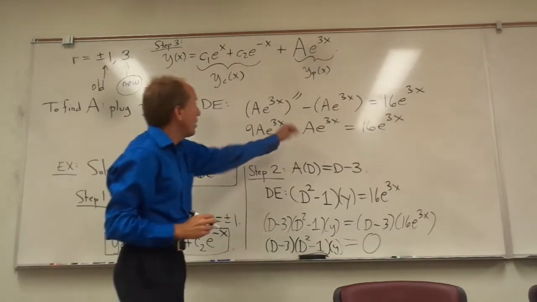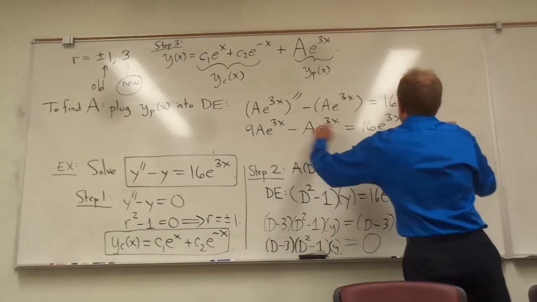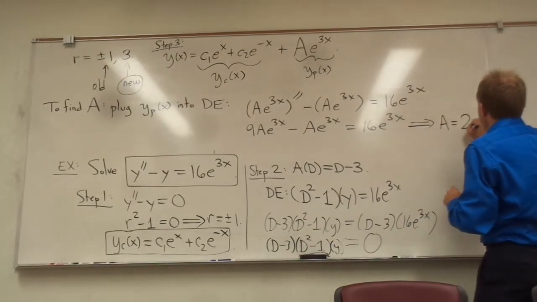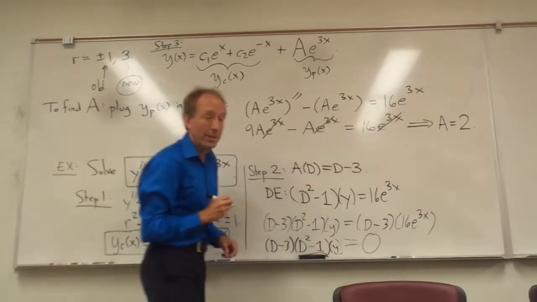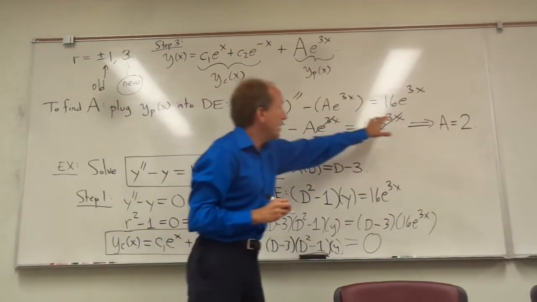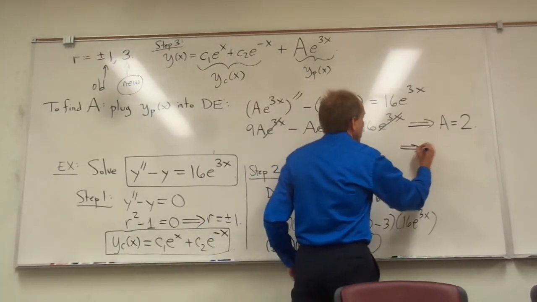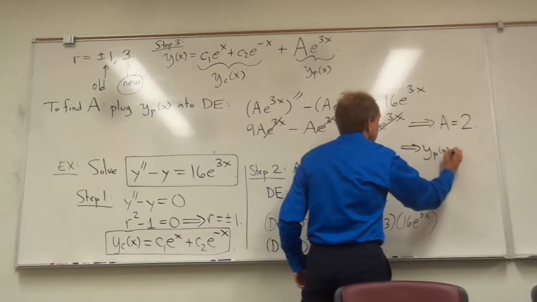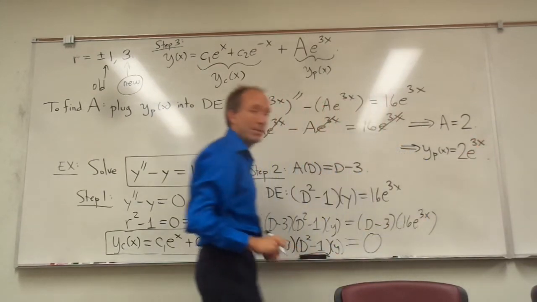And you can pretty quickly now figure out that A is equal to 2. That's because you have 8 A's on the left side. The e to the 3x's can actually be canceled, and you just get 8A equals 16. And that means that A is equal to 2. So your particular solution, it really is very specific. It's 2e to the 3x.